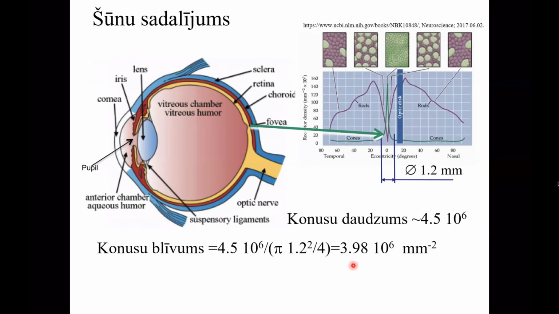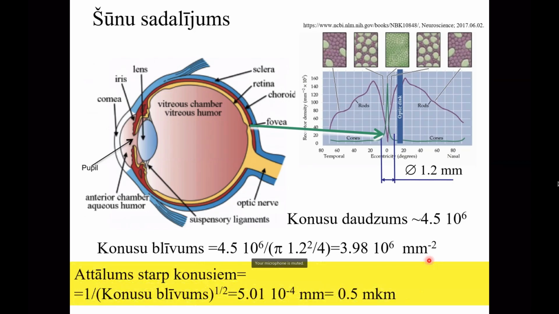So the density is roughly 4 million per square millimeter. If you divide 1 by this density and take the square root, we have that the distance in between the cone cells is approximately 0.5 micrometers.